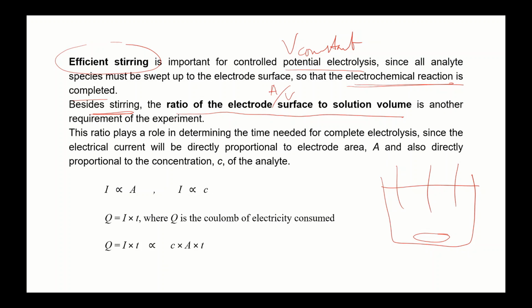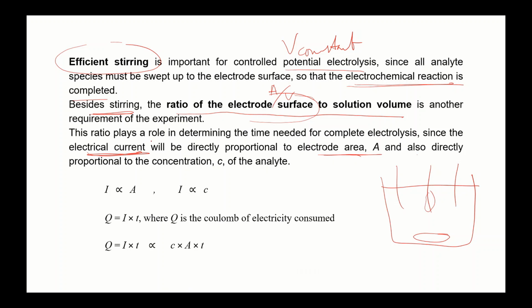This ratio, electrode surface to solution volume, plays a role in determining the time needed for complete electrolysis, since the current I is directly proportional to the electrode area. So you must have a very high surface area of the working electrode, to make sure all the substance or analyte can oxidize or reduce completely on the electrode.